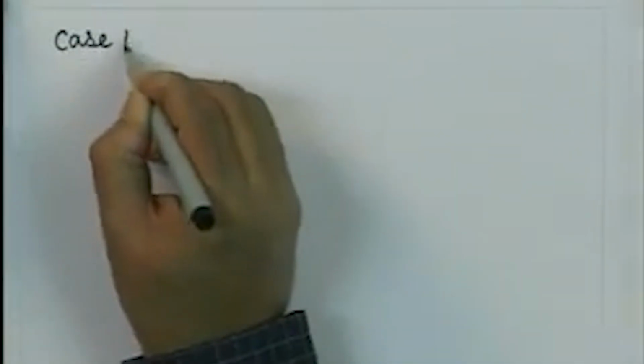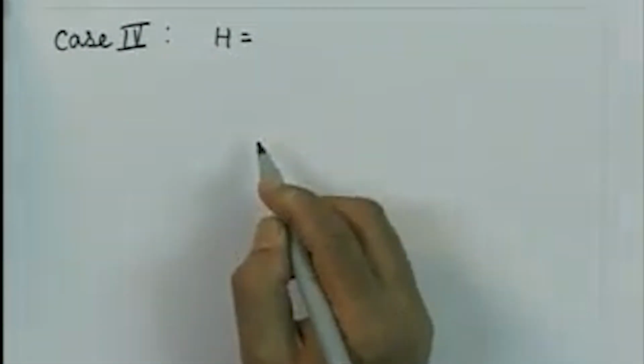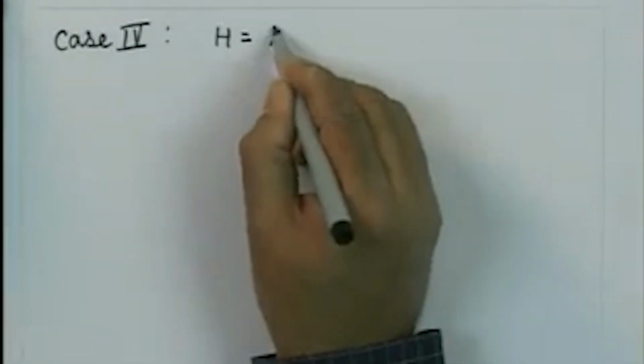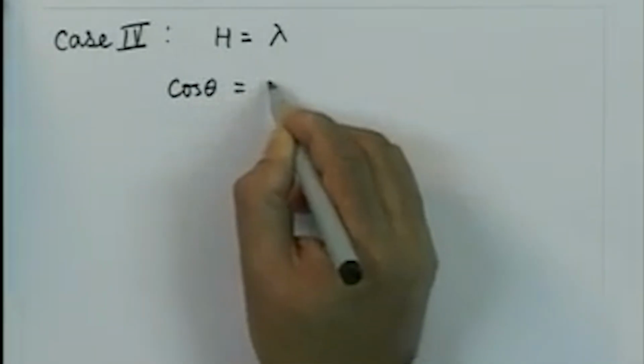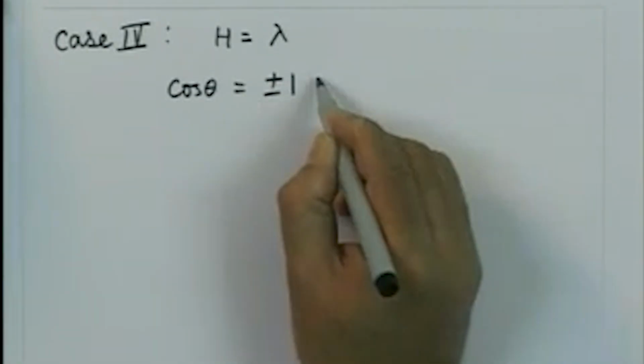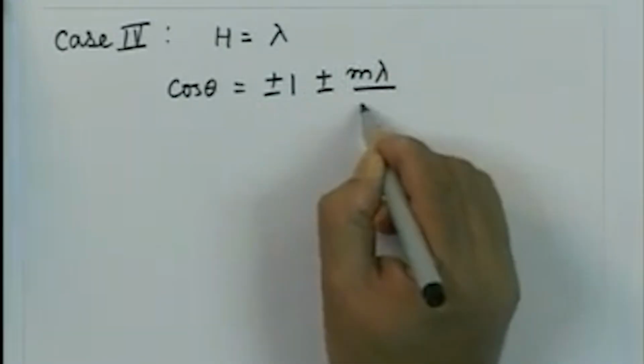We can take one more case, case 4, where H is equal to lambda, and then cos theta will be equal to plus minus 1 plus minus m lambda by 2 lambda.